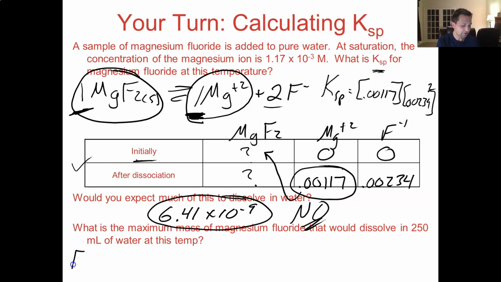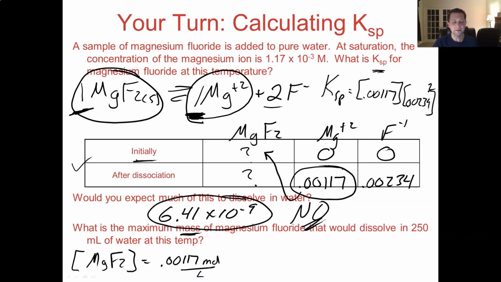You know the concentration of MgF2 was 0.00117 molar. All you have to do is convert that into mass. All right? So let me redo the unit here. 0.00117 molar is 0.00117 moles per liter, right?